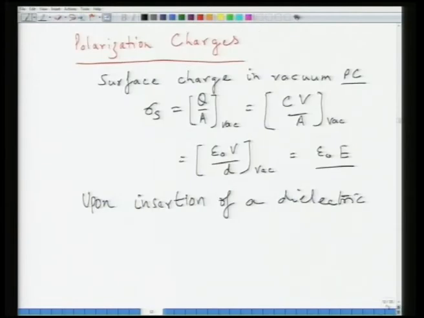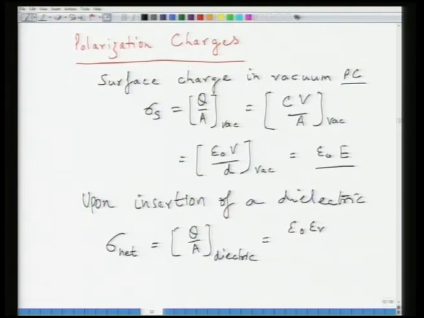When you insert a dielectric, the net charge density, sigma net, becomes Q by A in the dielectric. Q would be CV, C would be epsilon naught epsilon R A by D, and A would cancel.